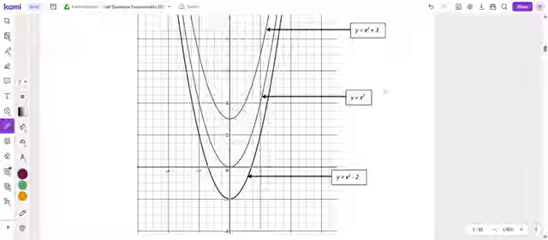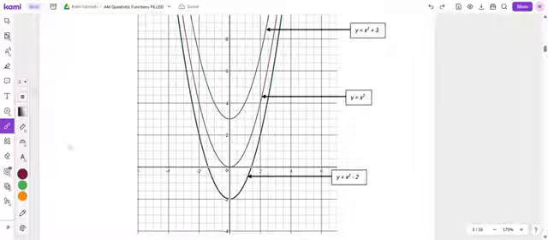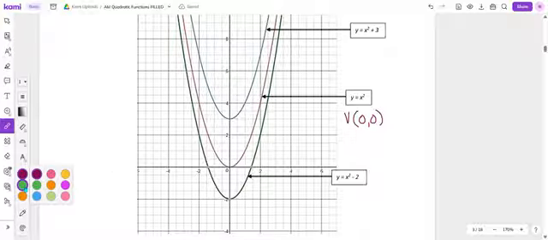At 0, 0. Folks, what do I call that point, 0, 0? The origin. Good. So when I want to talk about the vertex, I write V, 0, 0. You don't have to write vertex. You just write V. Now let's also write the word parent function.